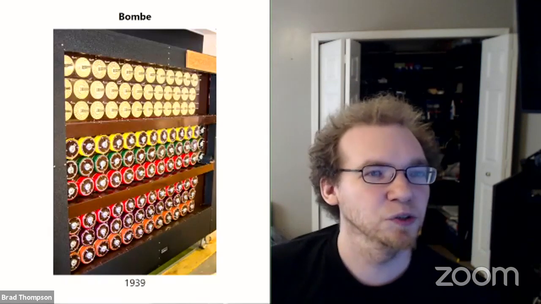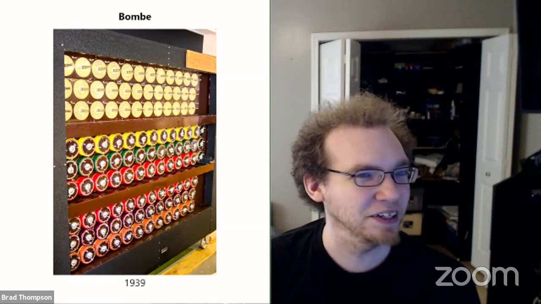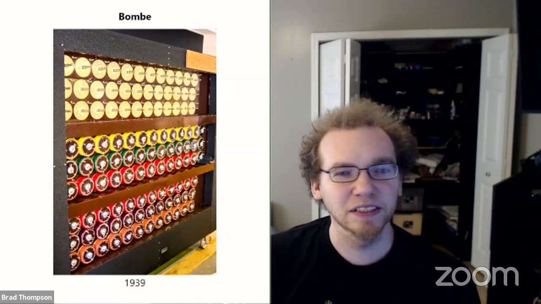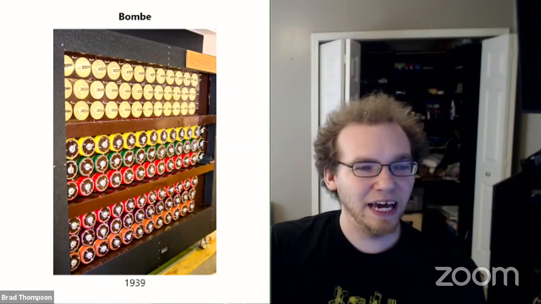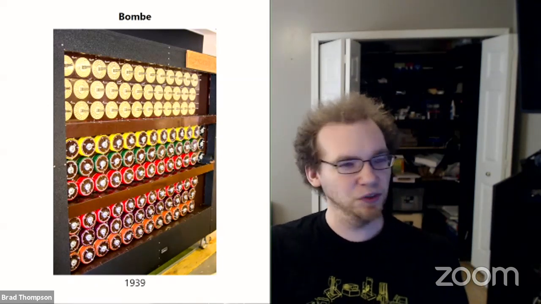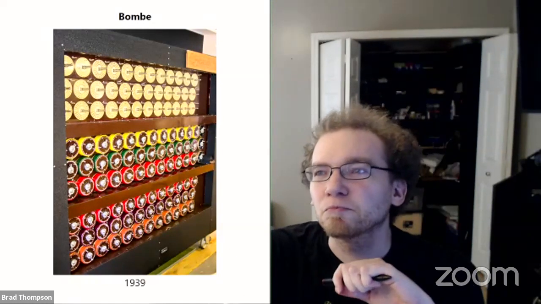While all that development was going on, over in England, to help support the war effort in World War II in decrypting secret German communications, started with the bomb, which is, again, a mostly mechanical, slightly electromechanical computer that was used to help automate the process of trying to decrypt encrypted German communications.